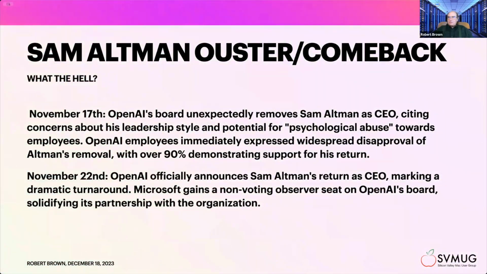Then there were other claims that were made, that he was moving too fast, things of that nature. And as I put here in the paragraph, they were concerned about his leadership style and what they said was psychological abuse. But here's the weird part.